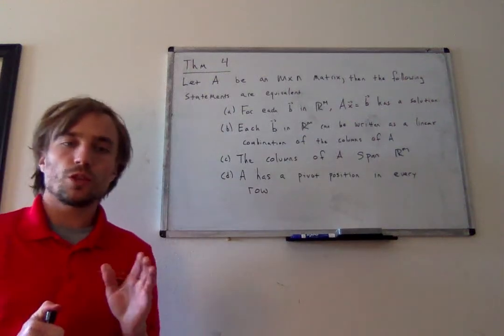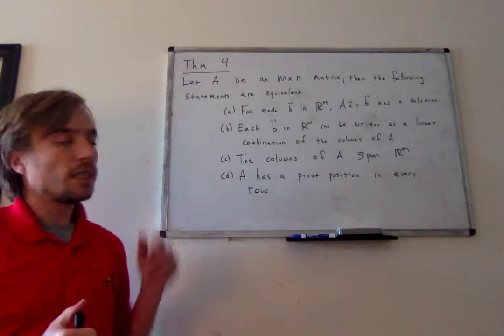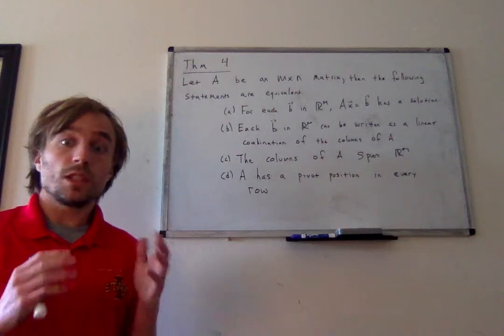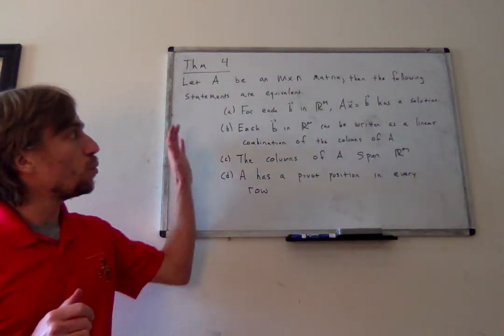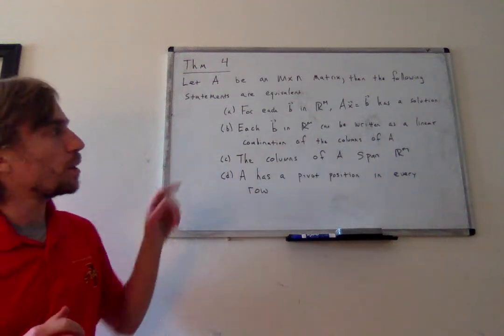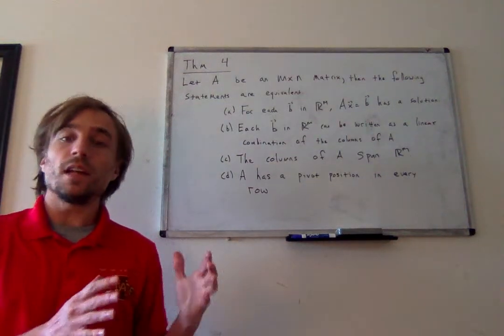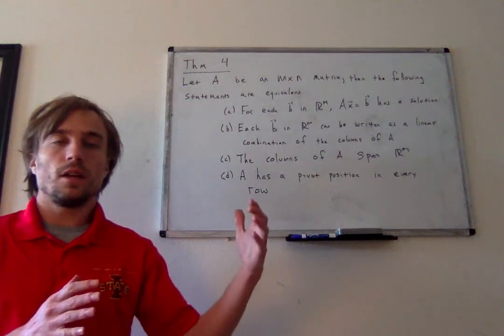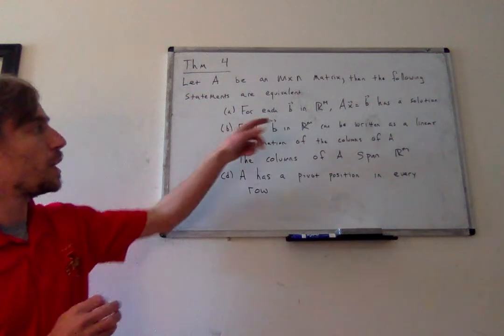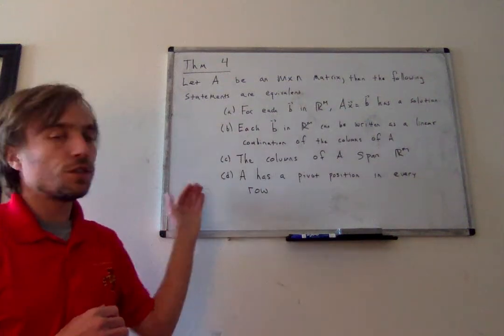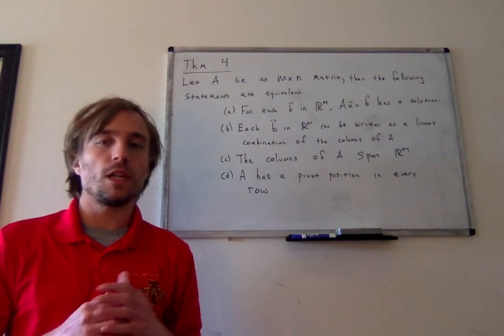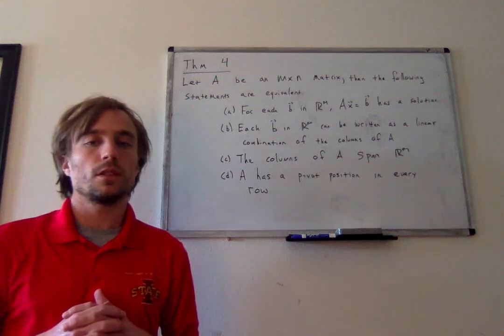We won't talk too much right now about why D is also equivalent to A through C, but we'll see later on, very interestingly, that it is. And so be warned here, each of these statements applies to A, not the augmented matrix where I add b on as a final column, right? So all of these four statements apply to the coefficient matrix, not the augmented matrix.